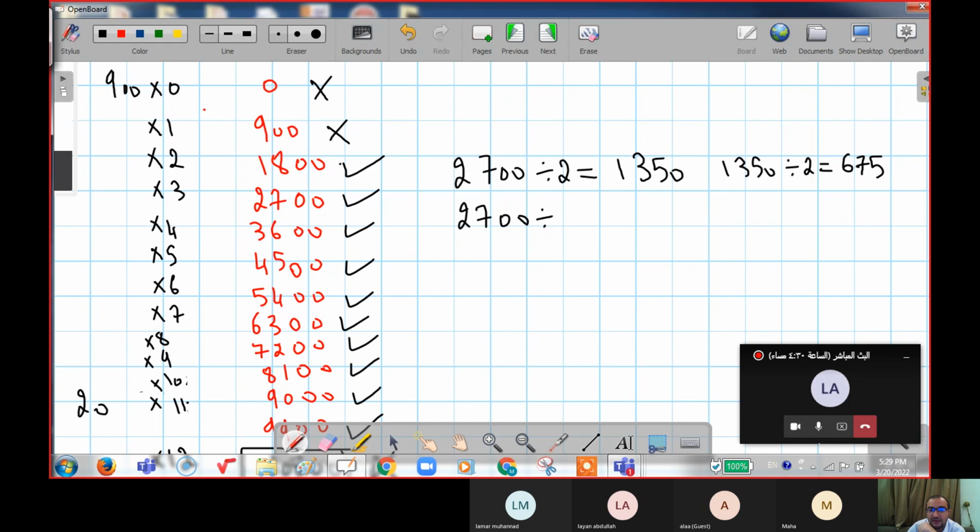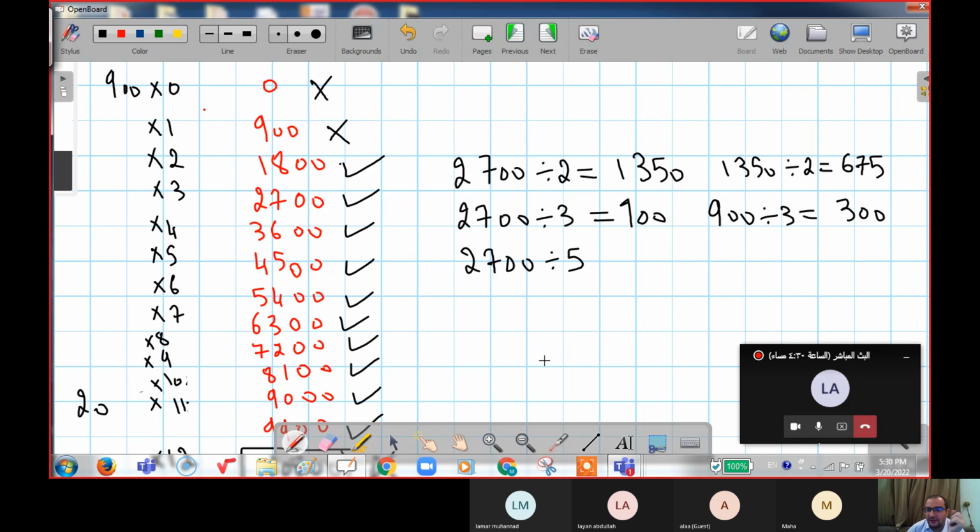2,700 divided by 3 will be equal to 900. 27 divided by 3 is 9. Then 900 divided by 3 will be 300. And also 2,700 divided by what?